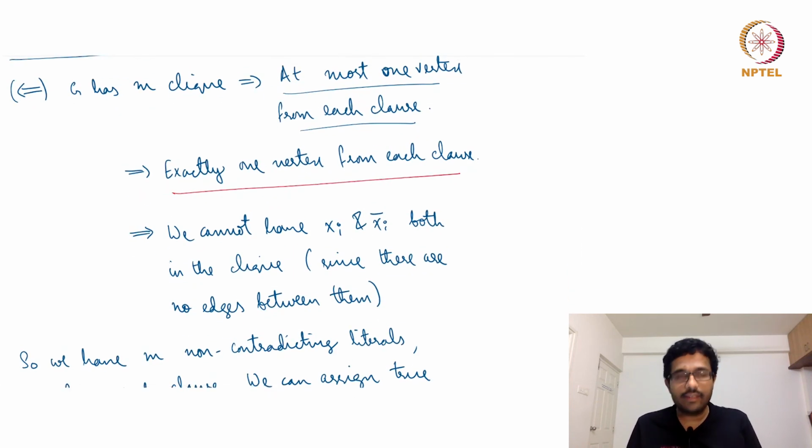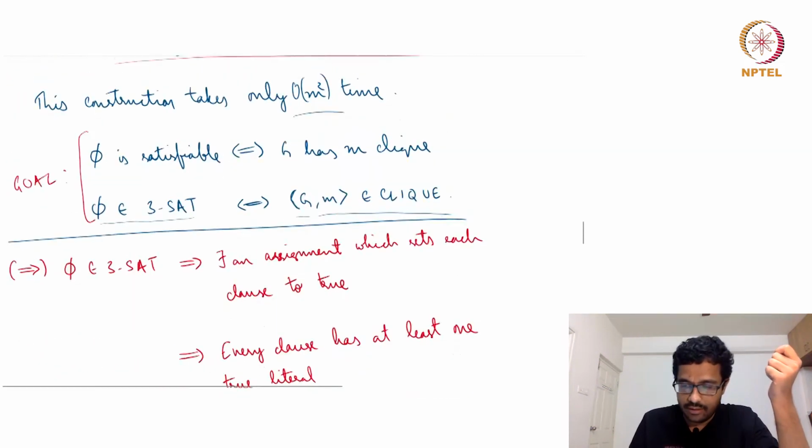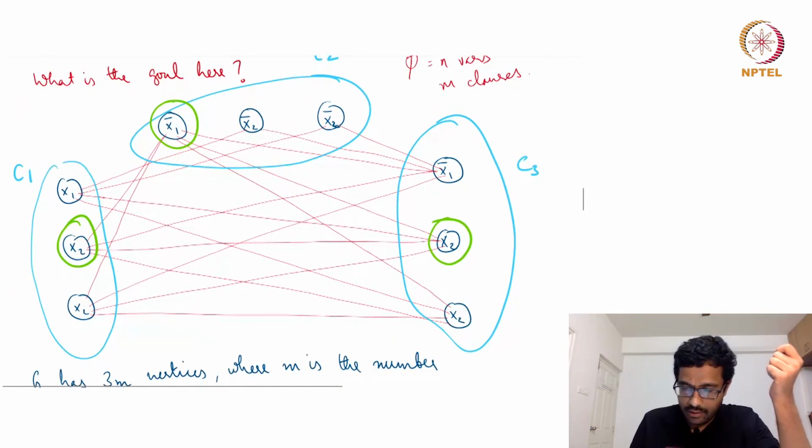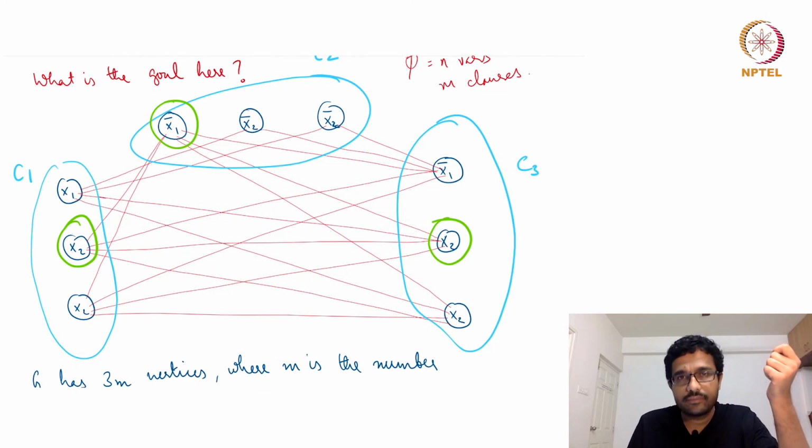And by the rules, we cannot have xi and xi complement both in the clique, because if xi and xi complement were both in the clique, then these two will not be adjacent, so they cannot be part of the clique, right? So for instance, in this figure, x1 and x1 complement cannot both be there because these two are not adjacent.